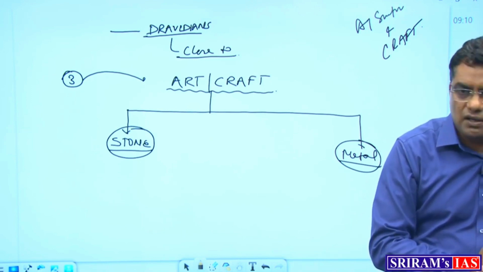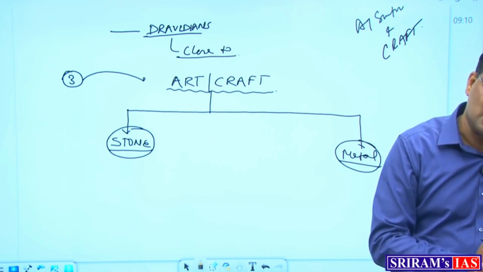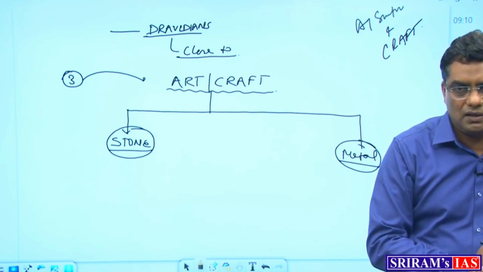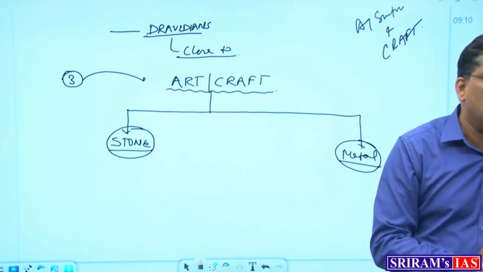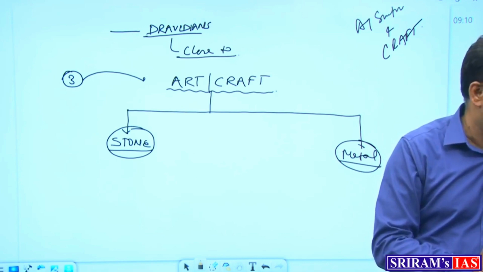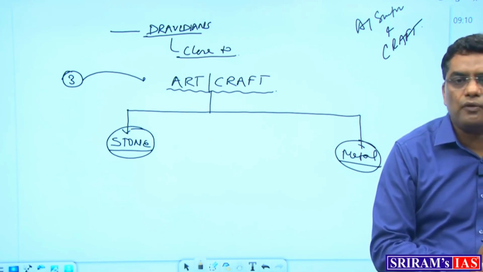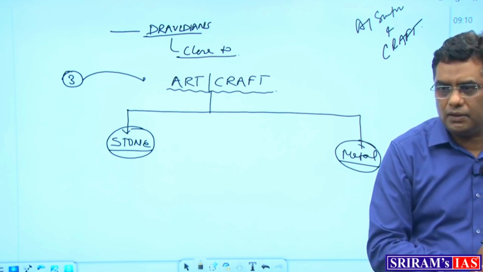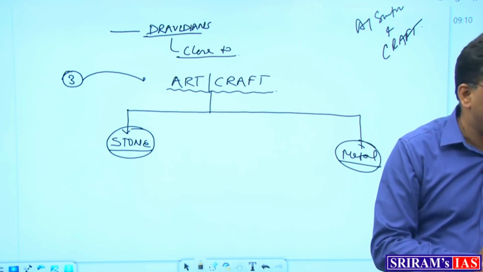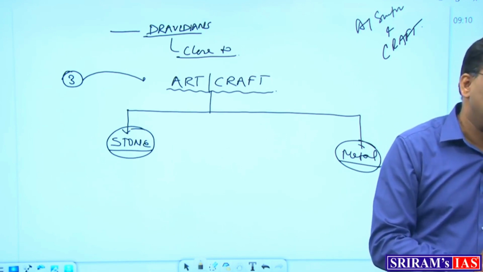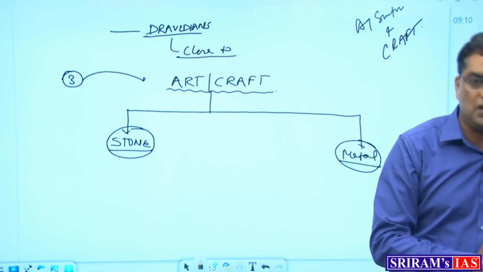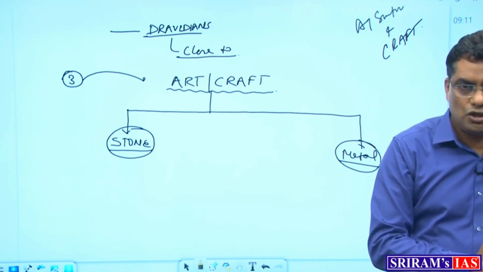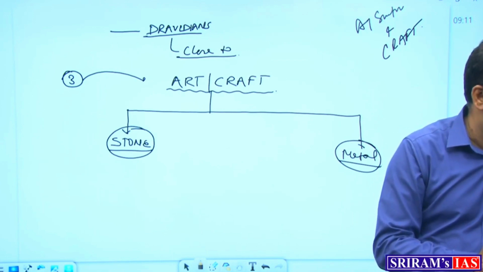So art and craft developed after agricultural surplus, right? And art and craft is an economic activity which is called urban economic activity. What is the definition of city? A town where 80% of the population is based on non-agricultural activities. So art and craft is a non-agricultural activity.